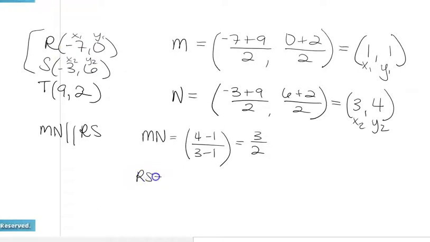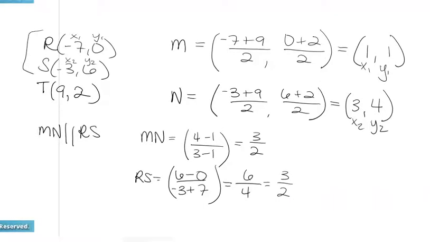So for RS, we have 6 minus 0, and then we have -3 minus -7, so it makes a plus. And then 6 divided by 4. Ooh, that can reduce. So then I have 3 over 2. And since we got the same slope for both of these, we can agree that these lines are parallel.